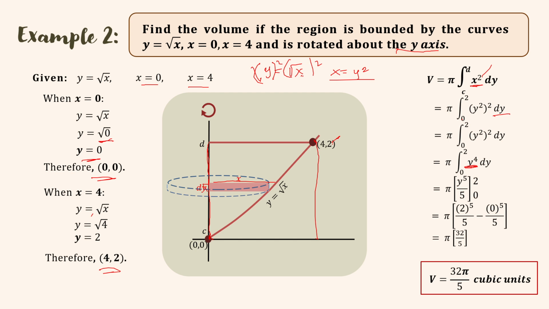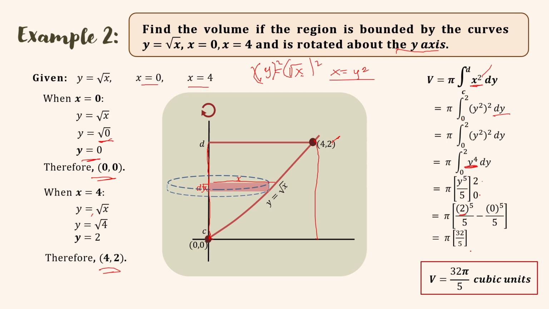Use the basic rule: y raised to 5 over 5, because you add 1 to 4, giving 5, from 0 to 2. So we are going to plug in now. We have 2 raised to 5 over 5 minus 0 over 5, that is 32 over 5, times pi. So V is equal to 32 pi over 5 cubic units.